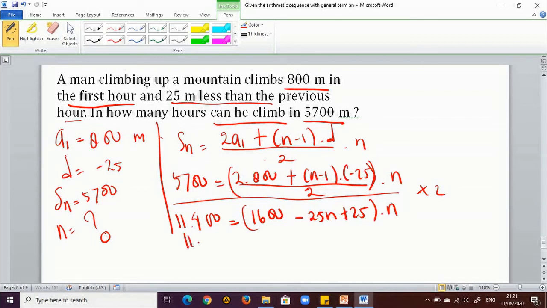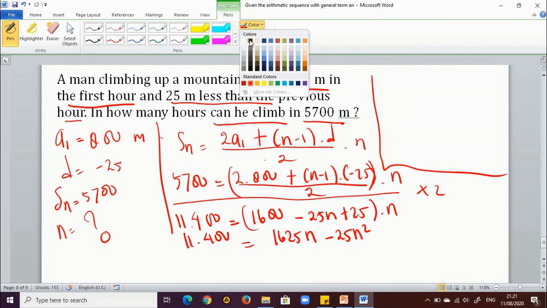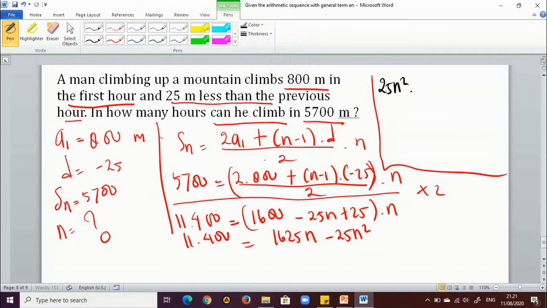So 11,400 equals 1625n minus 25n squared. Okay, so from here you need to make one side equal to 0. So 25n squared minus 1625n plus 11,400 equals 0.